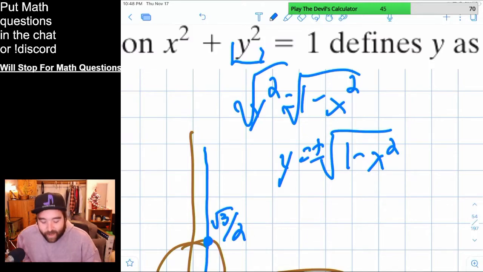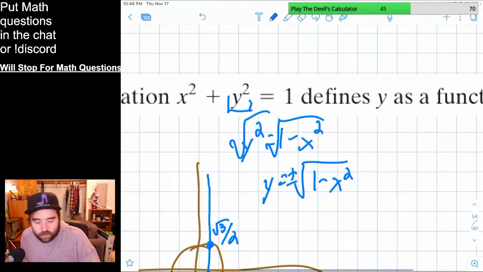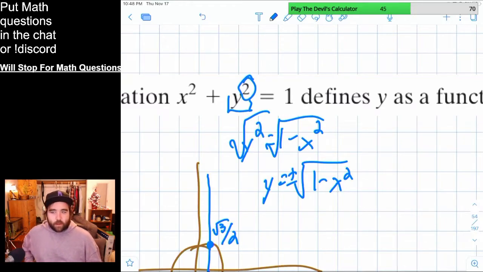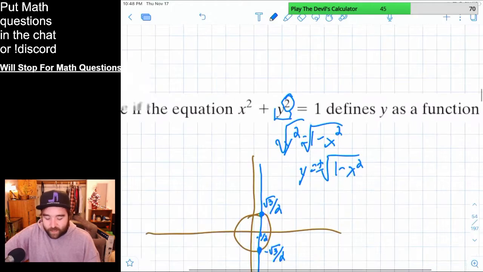And so that means it's not a function. And you can also notice how anytime you have a y squared, that's going to happen. Well, I was going to say anytime, but there might be one or two cases where it ends up not being. So almost all the time when there's a y squared, it's not going to be a function.